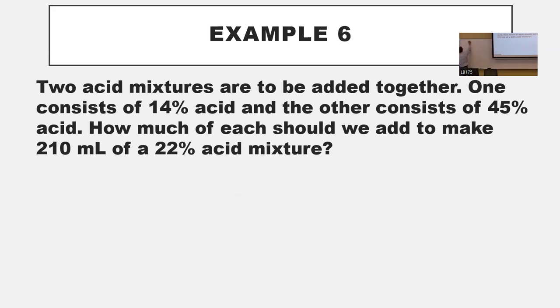We had acid mixture A and B, if you remember. The total equation was A plus B was equal to 210. And then the percentage equation was 0.14A plus 0.45B is equal to 22% of 210.